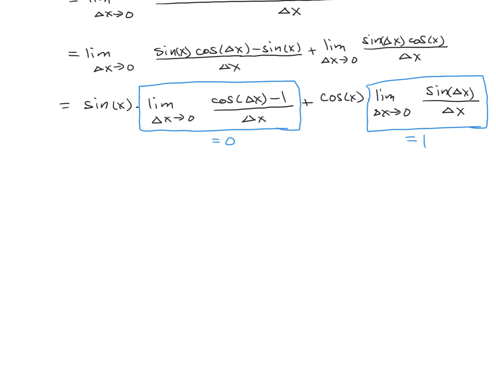So we end up with the sine of x times the number 0 plus the cosine of x times the number 1. And of course, all that's left from this is the cosine of x.